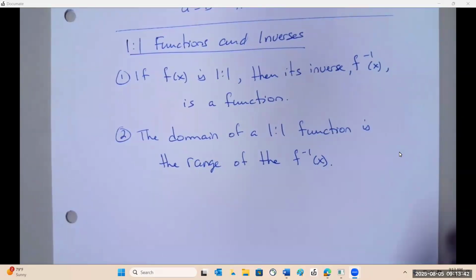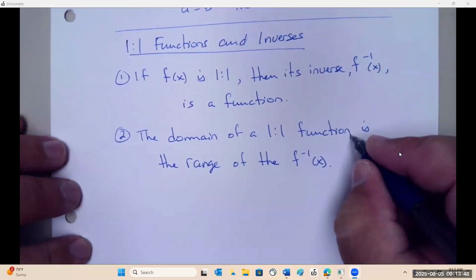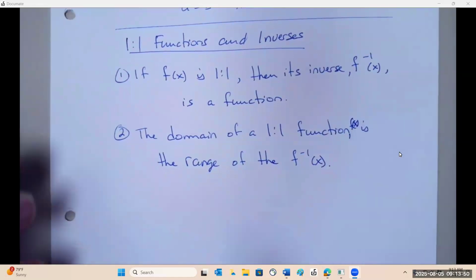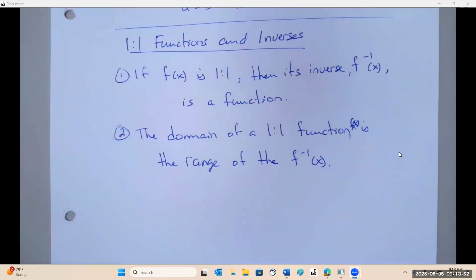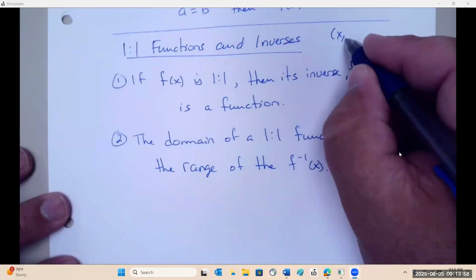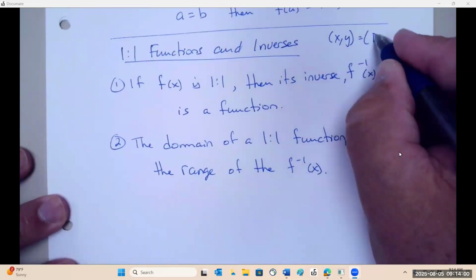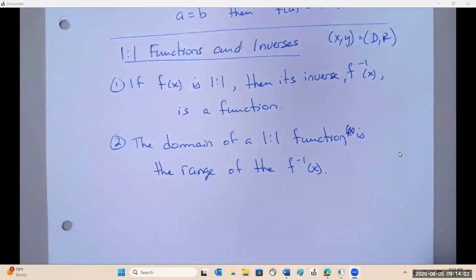Why is that? Let's look at that. The domain of a one-to-one function f of x is the range of the inverse. Because we switch x and y. Remember, x and y are the domain and the range of a function. If we switch x and y, we switch the domain and range.